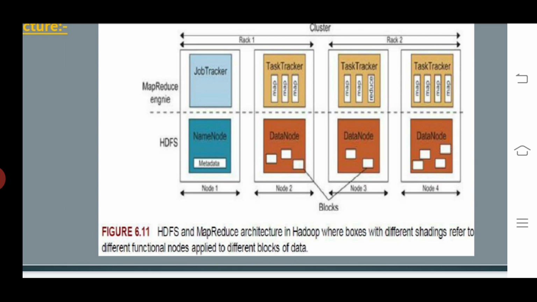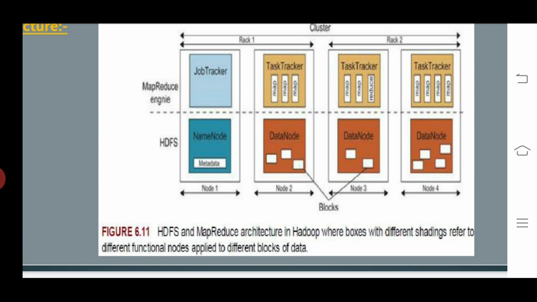Finally, the job tracker and name node, where we learn about metadata, is node 1. In rack 1 itself we have the task tracker and the execution of individual maps. The data node has empty boxes, where boxes with different shadings refer to different functional nodes applied to different blocks of data.